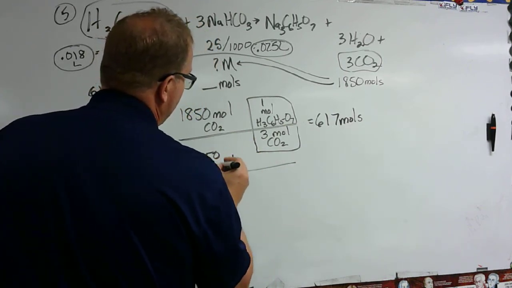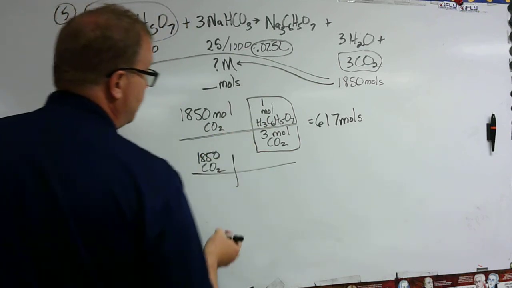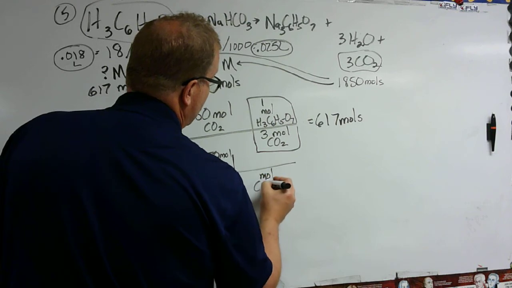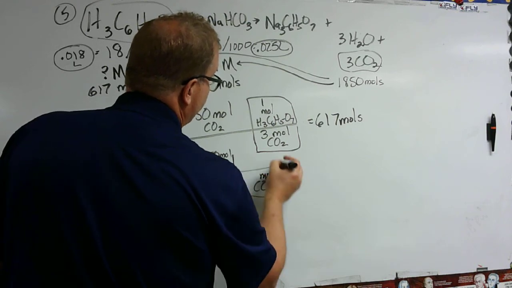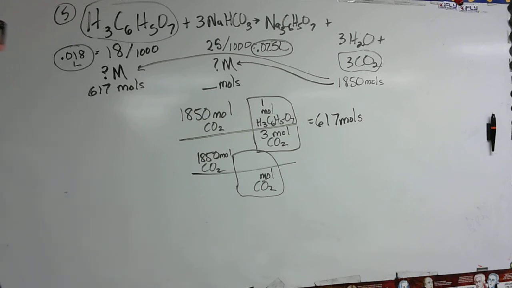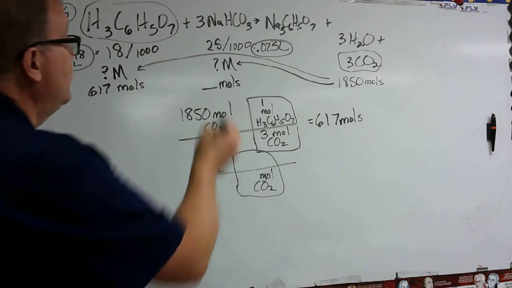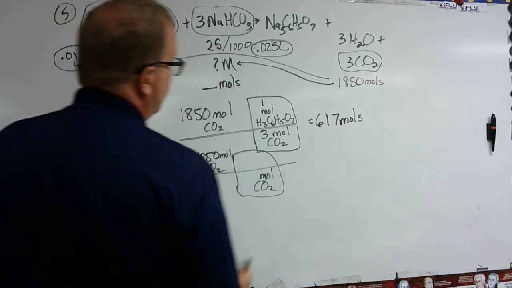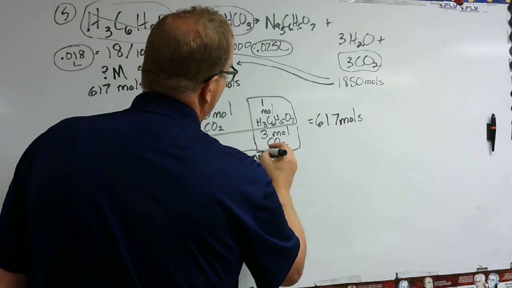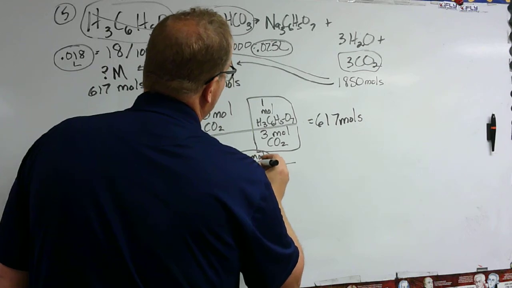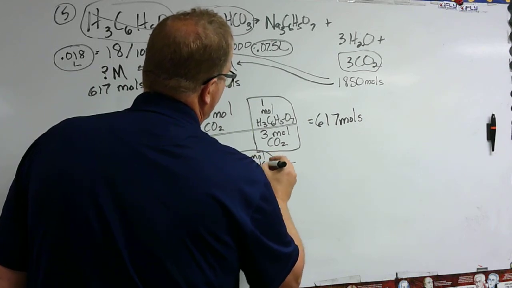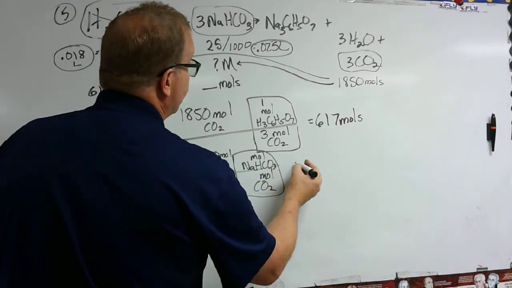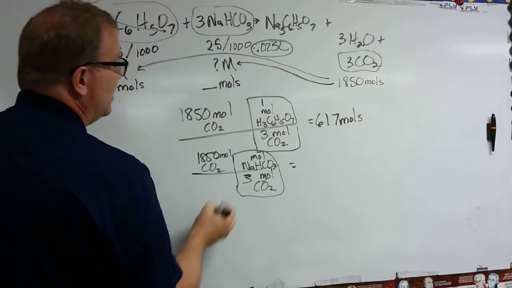Again, you have to show all these steps. So we got mole of CO2, mole box. And I'm going to go over to this one now. Mole of sodium bicarbonate. So in my mole box, I've got 3 here and 3 here.